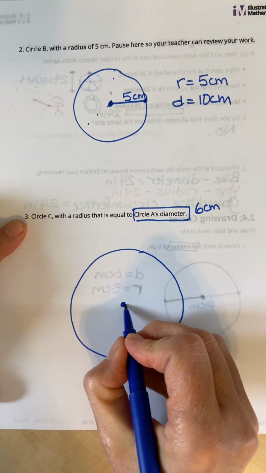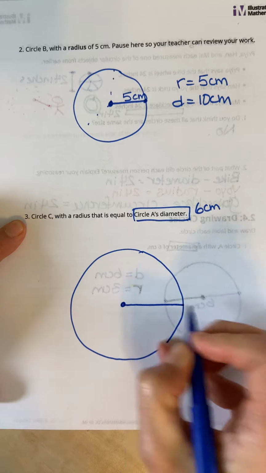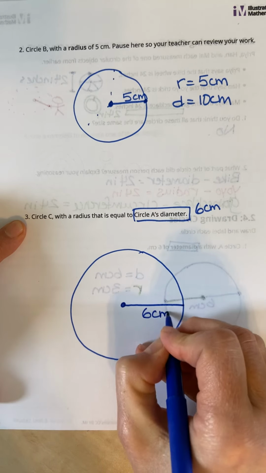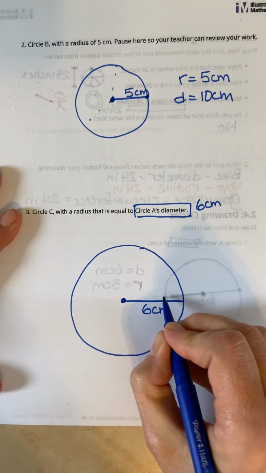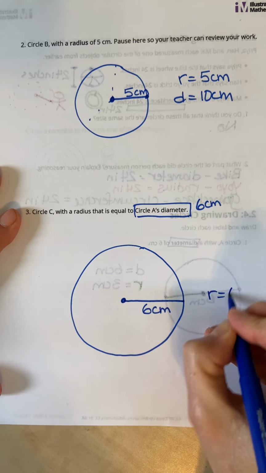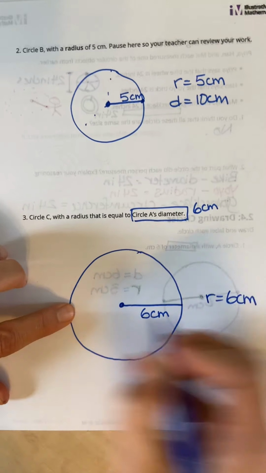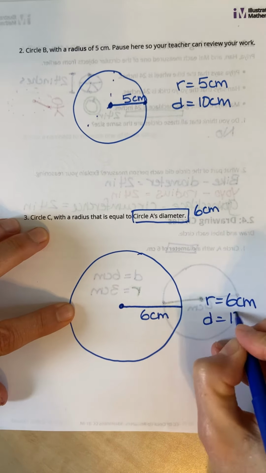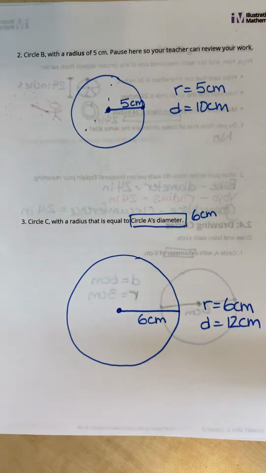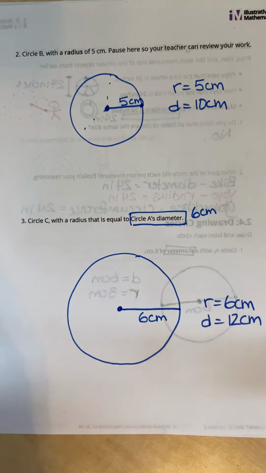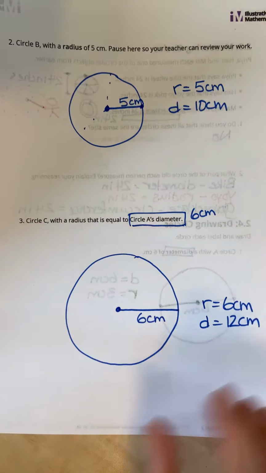So it's going to be a bigger circle. So it's saying the radius is 6 centimeters. That means this circle's diameter would be 2 of those. Okay? So that's just kind of going over the parts of a circle and how to find the radius and diameter.